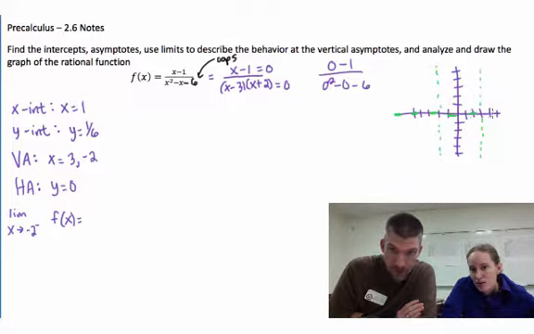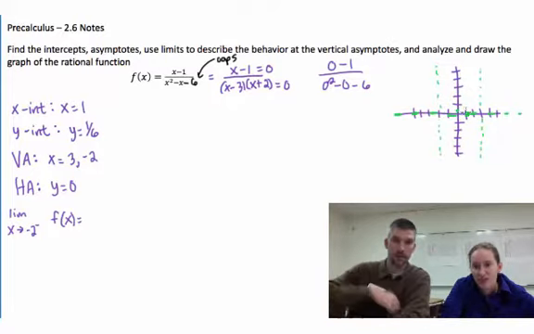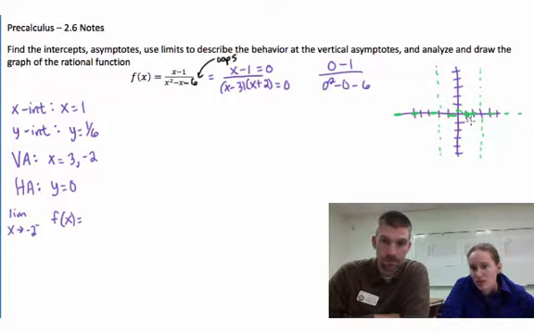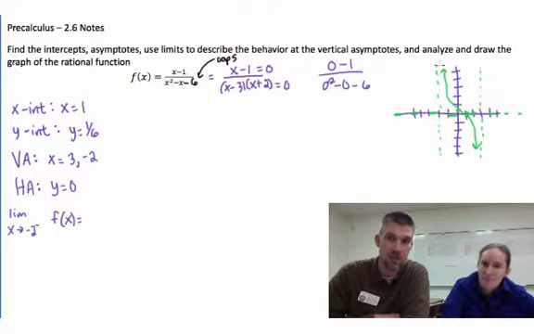This is taking shape here. X-intercept at x equals 1, and y-intercept at y equals 1/6. And so what's going to happen here in the middle is it's going to look kind of like a cubic function in the middle. Do your best in here. It can be really hard to string all those pieces together.